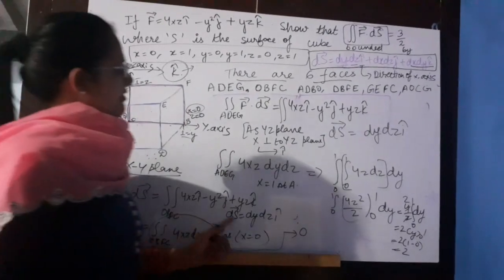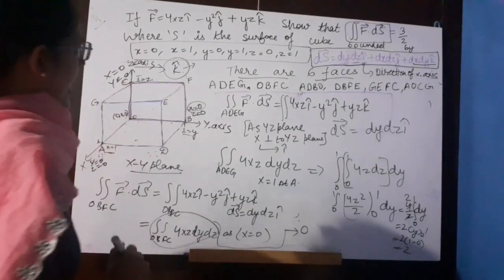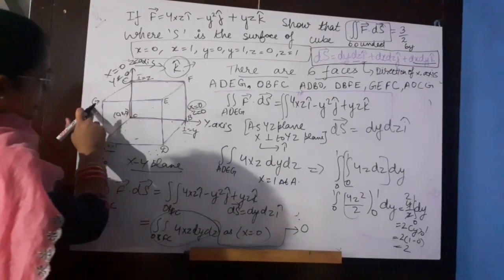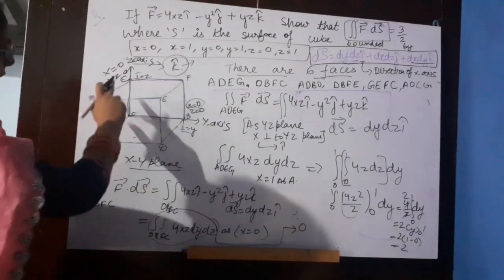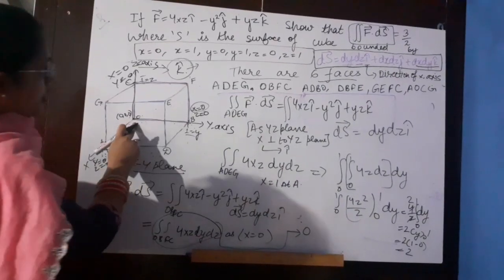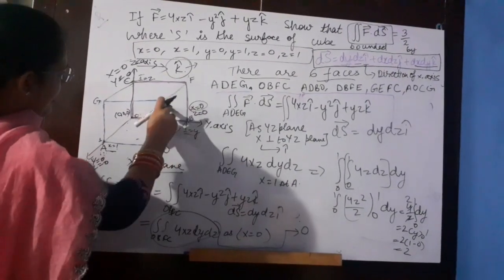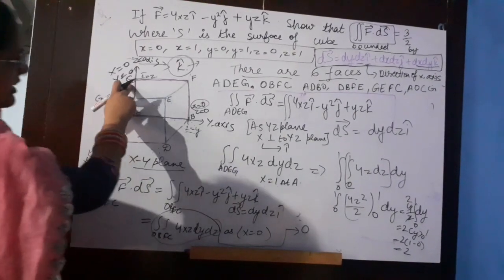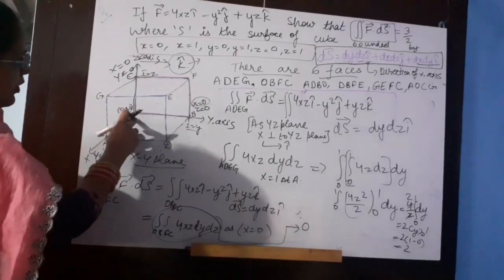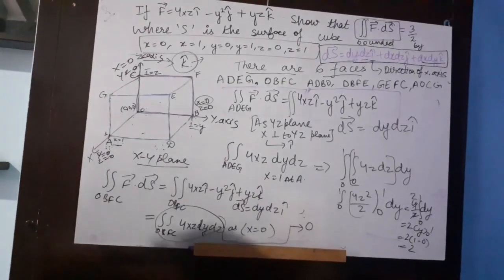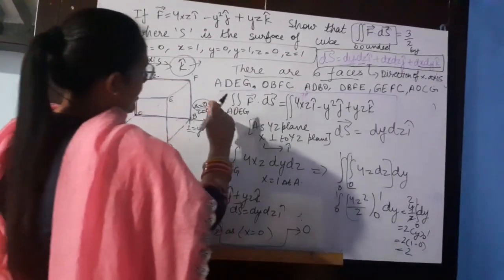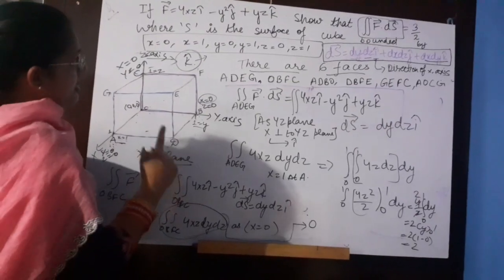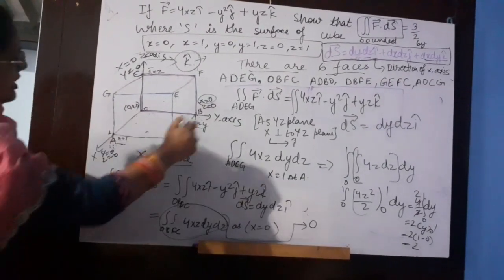We know we have 6 faces of the cube and these are A, D, E, G; O, B, F, C; next A, D, B, O; next D, B, F, E; next G, E, F, C; and at last we have A, O, C, G. So for these 6 faces, we will find the surface integral of each, then we will add them to get the surface integral of this cube.